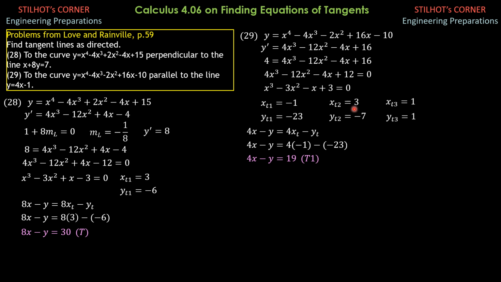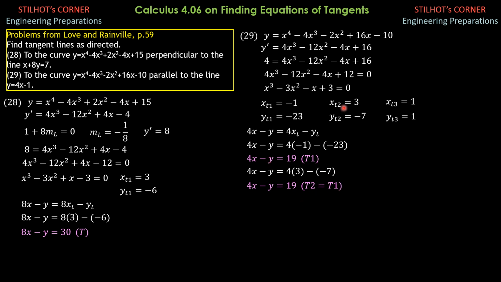Substitute the second point of tangency, 3 comma negative 7: 4x minus y equals 4 times 3 minus negative 7. This simplifies to 4x minus y equals 12 plus 7, so it's also 19. It has the same form as that of the first tangent, so this is the second tangent, 4x minus y equals 19, occurring twice as tangent to this curve.